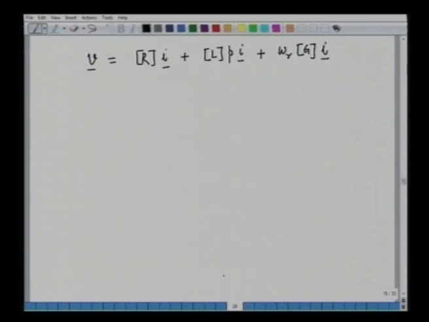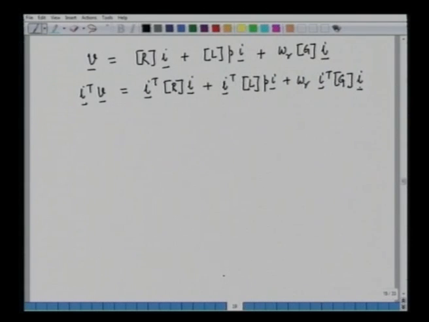If we pre-multiply this with i transpose, we get the following equation: i transpose R i plus i transpose L p i plus omega_r i transpose G i. This equation is interesting because the first part is the electrical input.